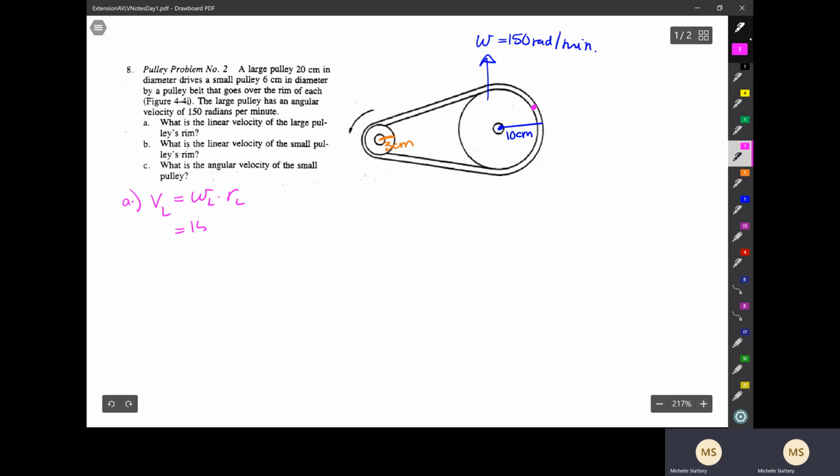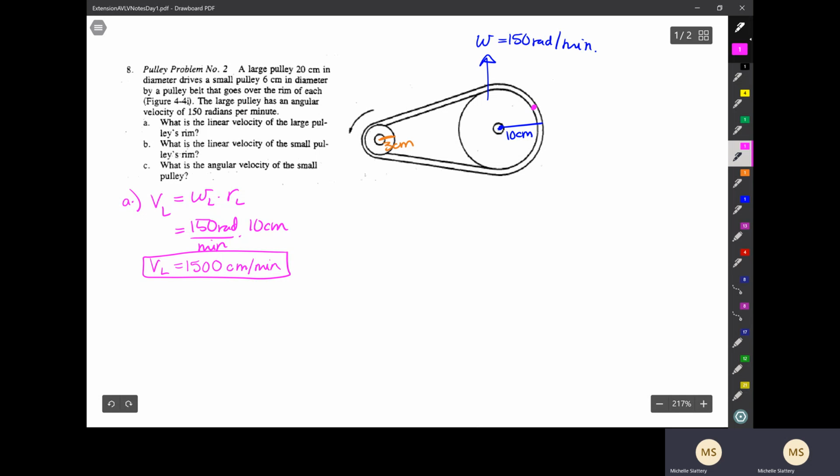I can plug that in: 150 radian per minute times my radius, which is 10 centimeters. Now I simply calculate that, and I get my answer of 1,500 centimeters per minute. And that's the linear velocity of the large one.